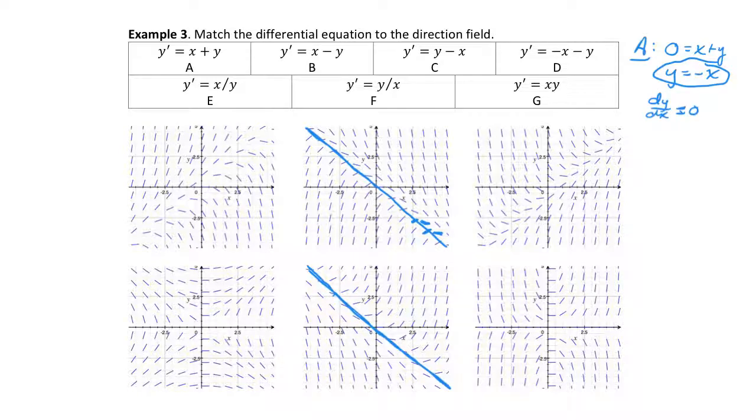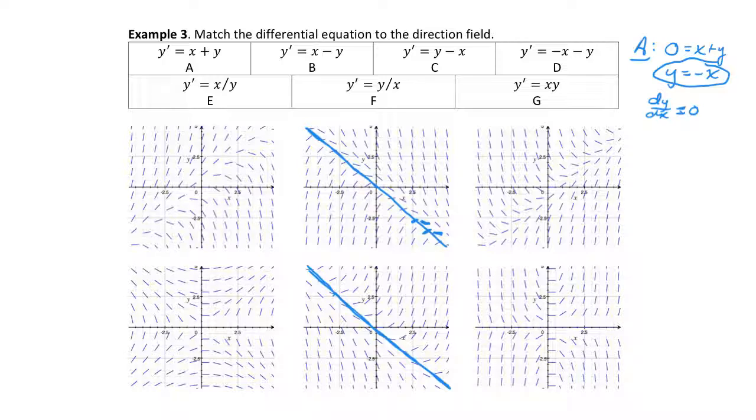Okay, so now we have to figure out which one A is. Is it this one or is it this one? Well, I'm going to go ahead and look at the first quadrant. What do I notice about the first quadrant? For this particular function, all the slopes are negative in the first quadrant because those dashes are falling. In this one, they're all positive. That may be enough for me to figure this out.